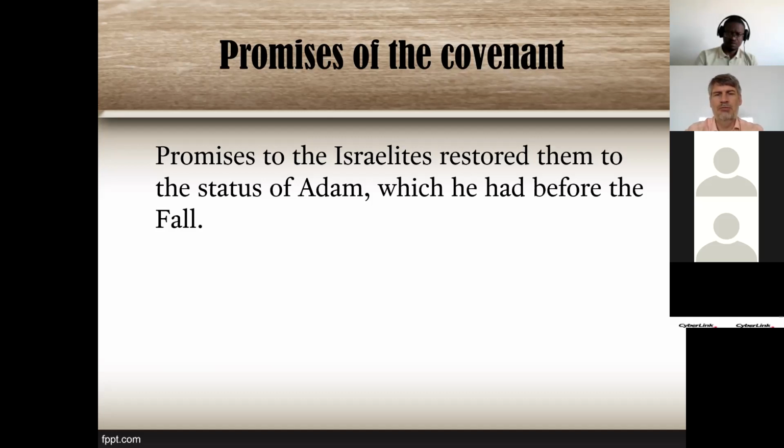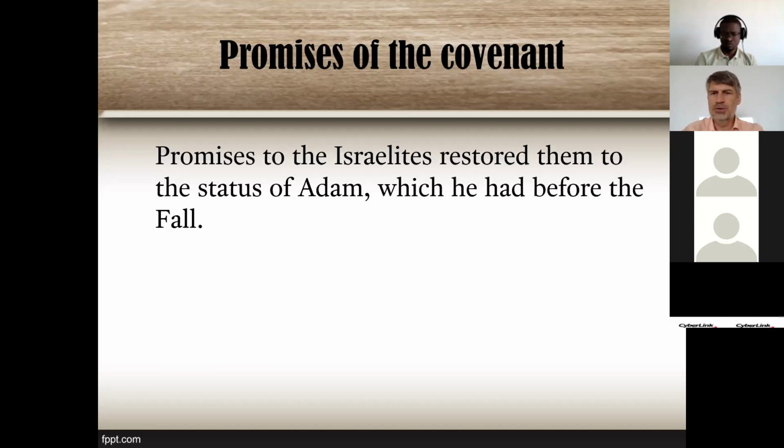So the purpose of the promises of the covenant, and indeed of all redemption activity of God, is to restore people to the status of Adam, which he had before the fall. So when God promises the Israelites to be the holy nation, to be the royal priesthood, he actually promises that he will restore them to the status of Adam that he had before the fall.